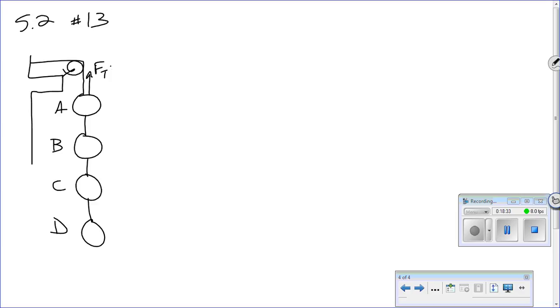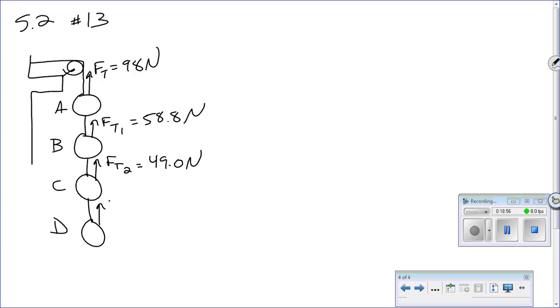So my tension here is 98 newtons. The tension in the 3 shorter cords are 58.8 newtons, 49.0 newtons, and 9.8 newtons. And then you have to find the masses of the 4 disks.